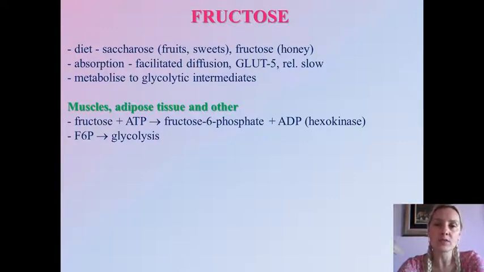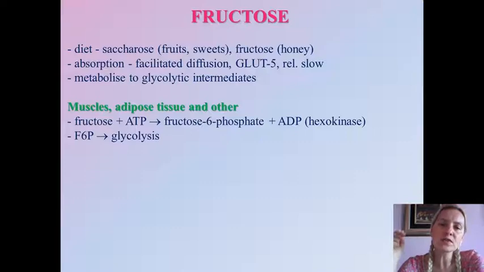And now we see the confirmation of this fact. So hexokinase can phosphorylate fructose to fructose 6-phosphate, but this phosphorylation is rather slow, and hexokinase has a low affinity to fructose and other monosaccharides, but for glucose, as you know, it has a rather high affinity.